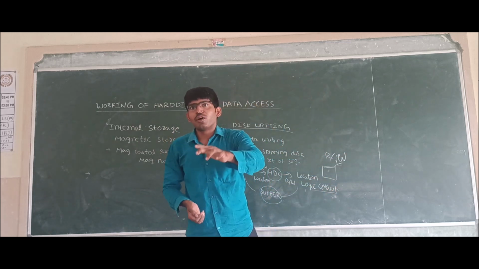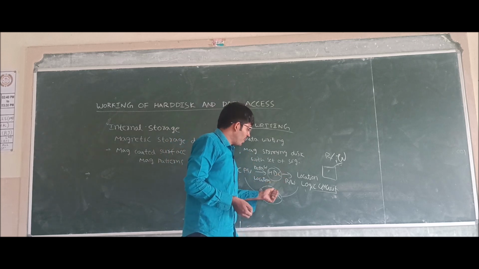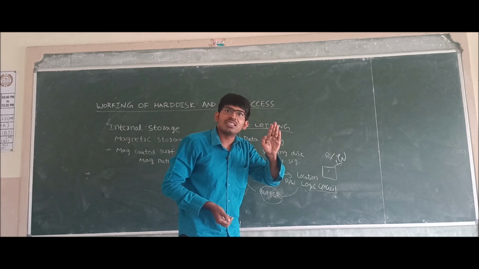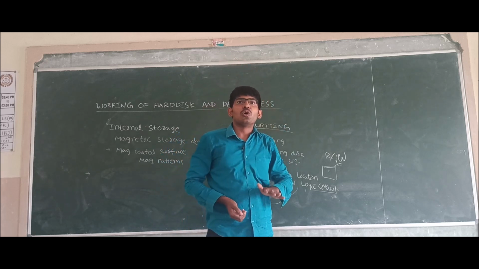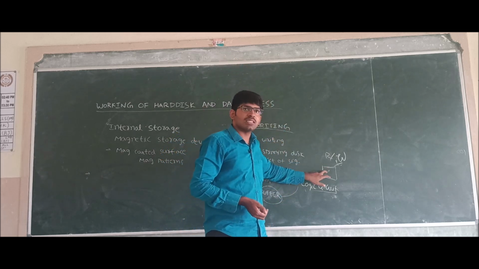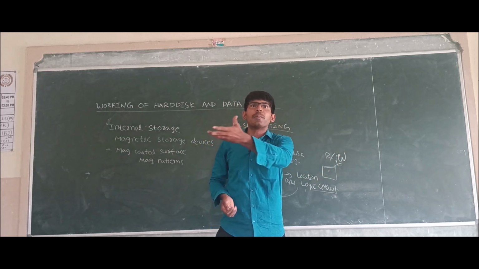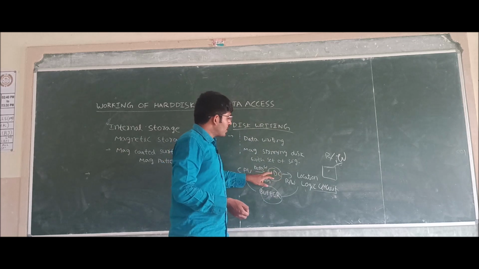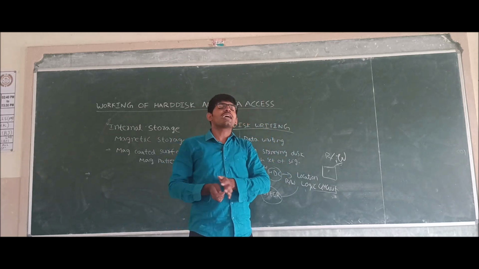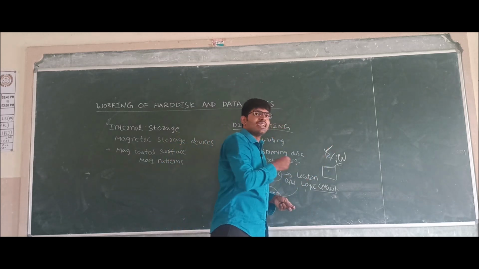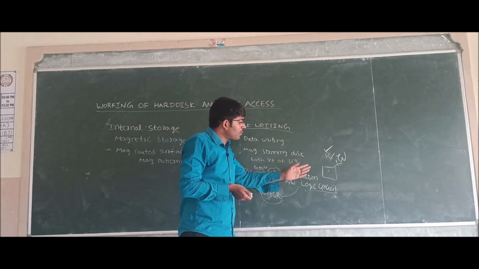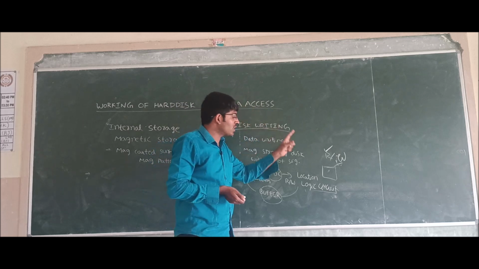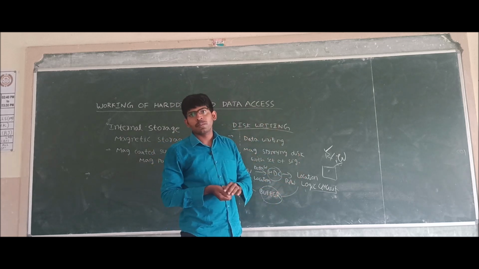When the controller says, yes, the read request is accepted, meaning this location is not being accessed by any other pen drive or something, then when the read head comes, this magnetic converted electrical equivalent information will be passed to the buffer.